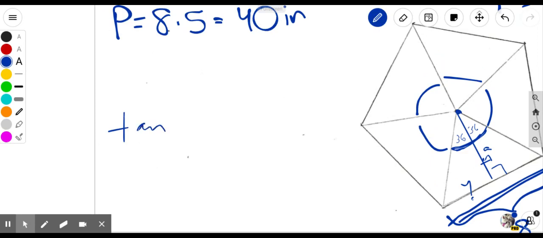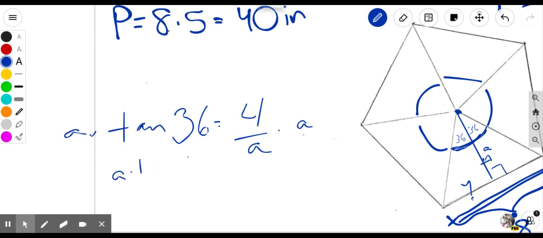So it's going to be tangent of 36 equals 4 over A. To solve here, we have to bring the A up into the numerator, so we multiply both sides by A. Then we have A times tangent of 36 equals 4. And to finish solving, we divide by tangent of 36.